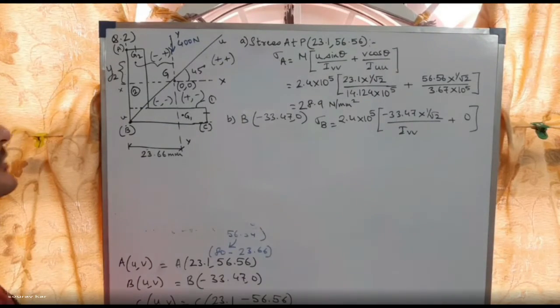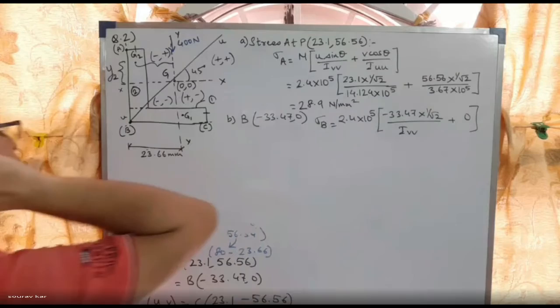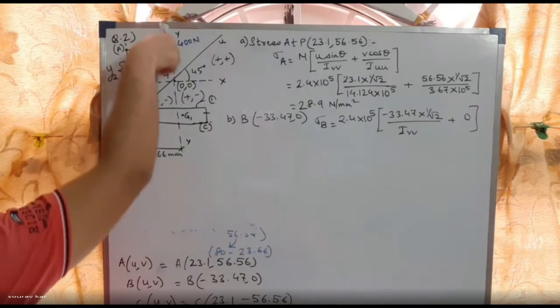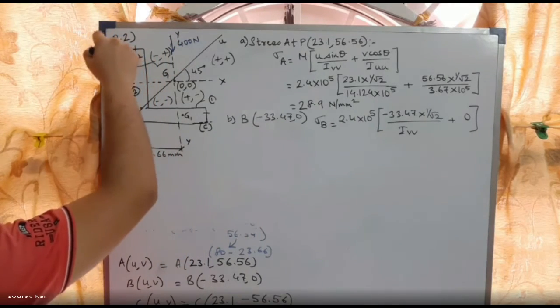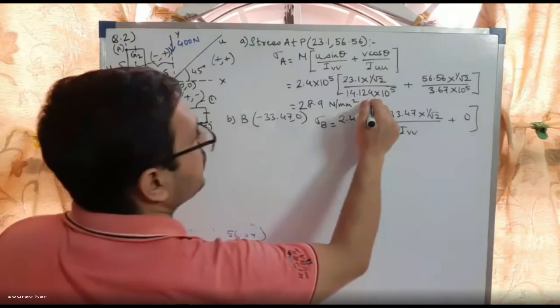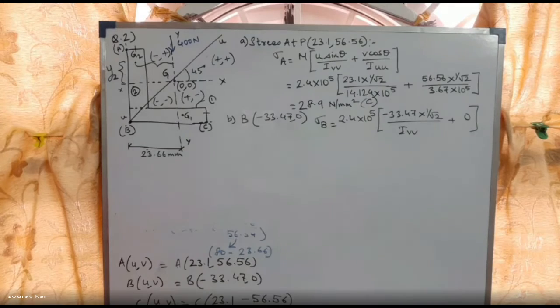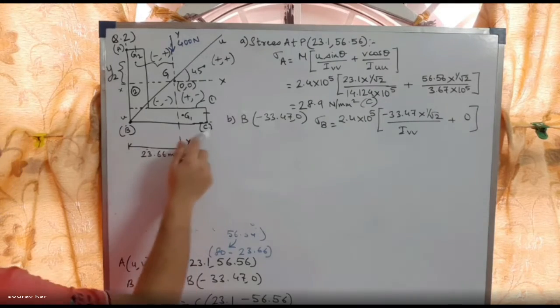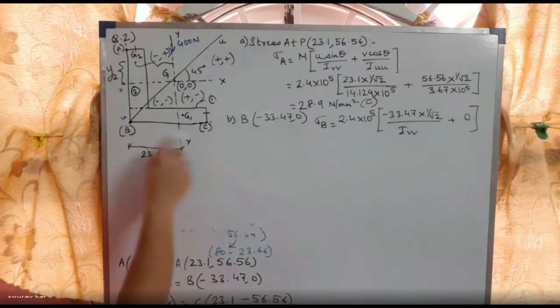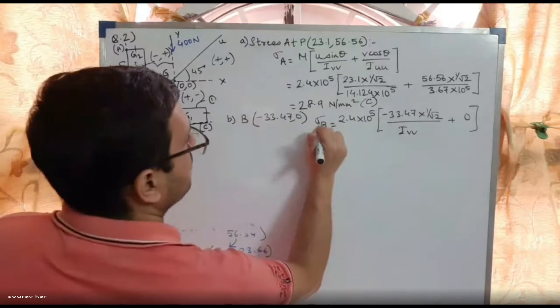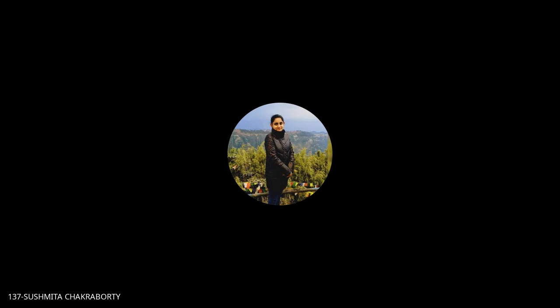Please always remember that since the load is vertical, point A is at the top, so point A is under compression, while points B and C, which are the bottom fiber of the beam, are under tension. Sir, 4.02.